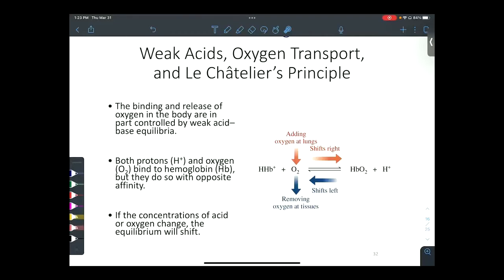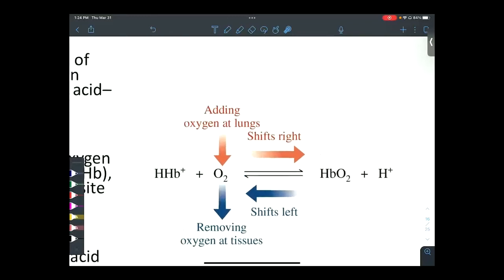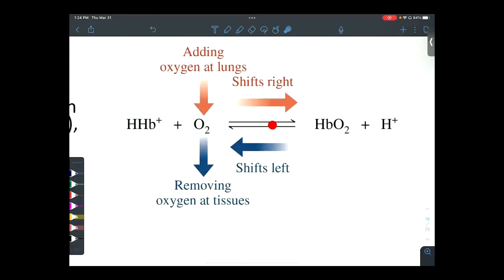So this is an example of a weak acid base equilibrium that has to do with hemoglobin. Hemoglobin is part of our blood, and it's what transports oxygen from our lungs to different parts of our body. But this equilibrium, you can tell it's an equilibrium because it has a double arrow, follows Le Chatelier's principle.